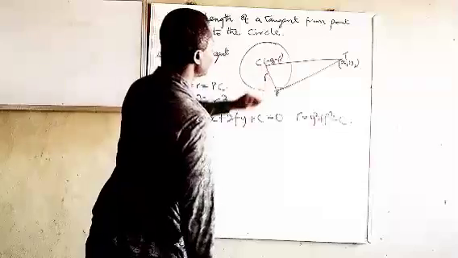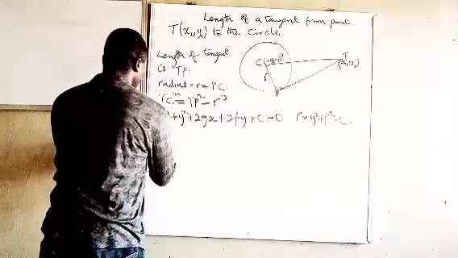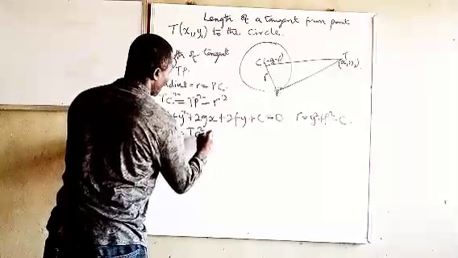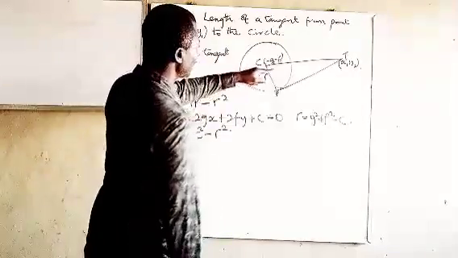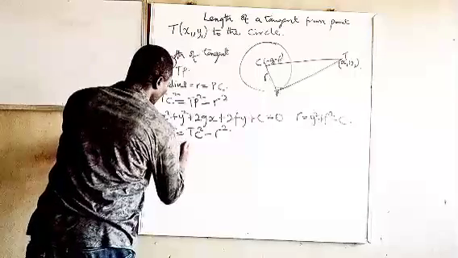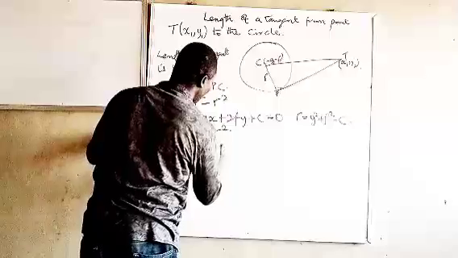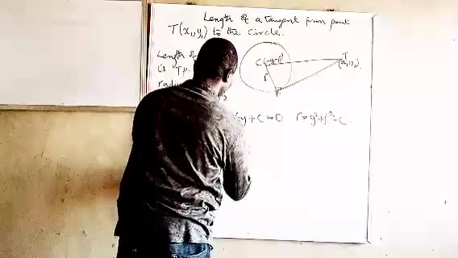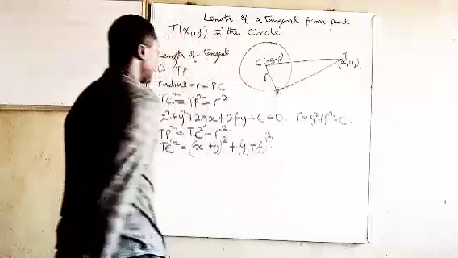Now, we know what our TP squared is. TP squared is equal to TC squared minus R squared. Let's look at what TC squared is. TC squared is equal to x1 plus g squared plus y1 plus f squared. That's our TC squared.